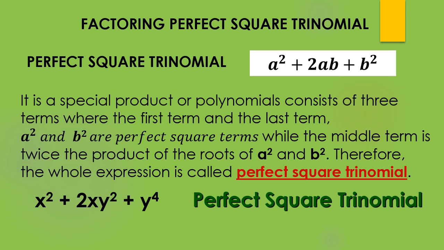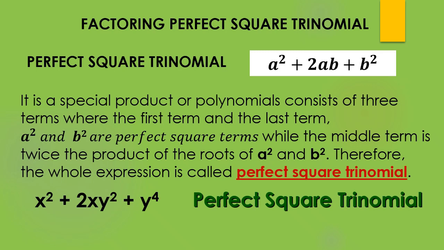Yes, it is also a perfect square term because y raised to the fourth power can be written as y raised to the power of 2, in parentheses, raised to the power of 2. And then the middle term must be twice the product of the roots of the first and the last term. Our first term is x squared and the last term is y raised to the fourth power.